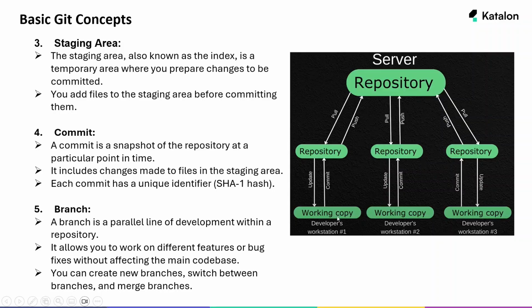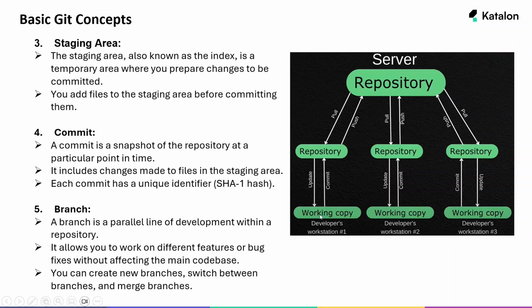Let's say this is one developer, this is your second developer, and this is your third developer. Let's assume these three developers or testers are working on three different modules. Then these developers can manage their own parallel repositories before they commit the code changes to the main repository.